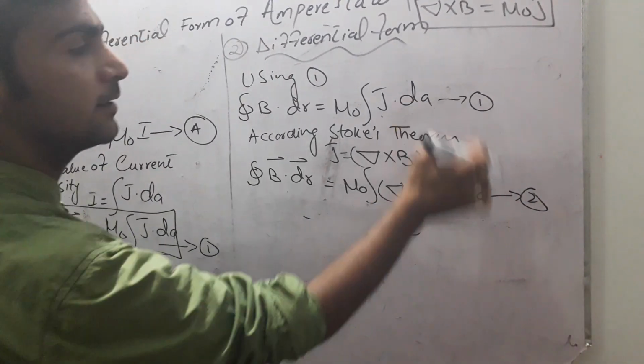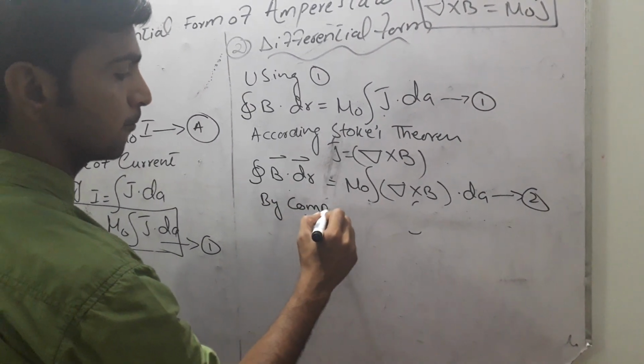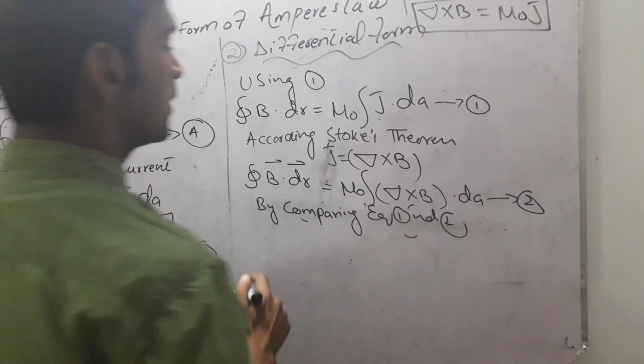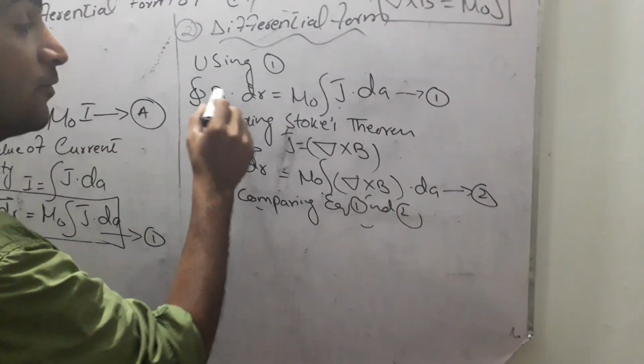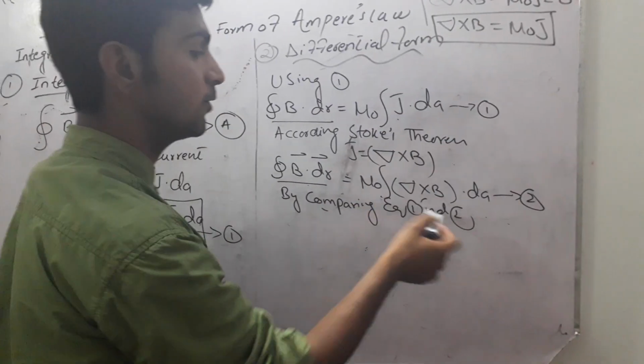We are going to compare these two equations, equation 1 and 2. Guys, we know that the left hand sides of these two equations are the same, so we only compare the right hand sides of both equations.